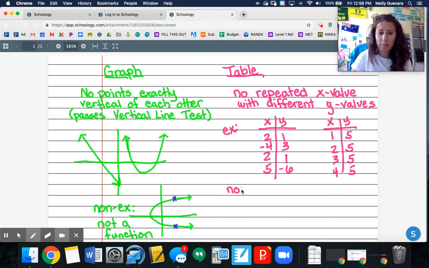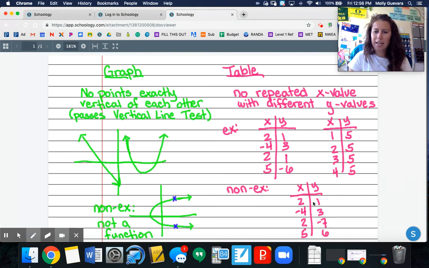A non-example would be a table like so. And my x values, let's do 2, -4, 2, 5 again. So same numbers as above. And then 1, 3, -7, 6.